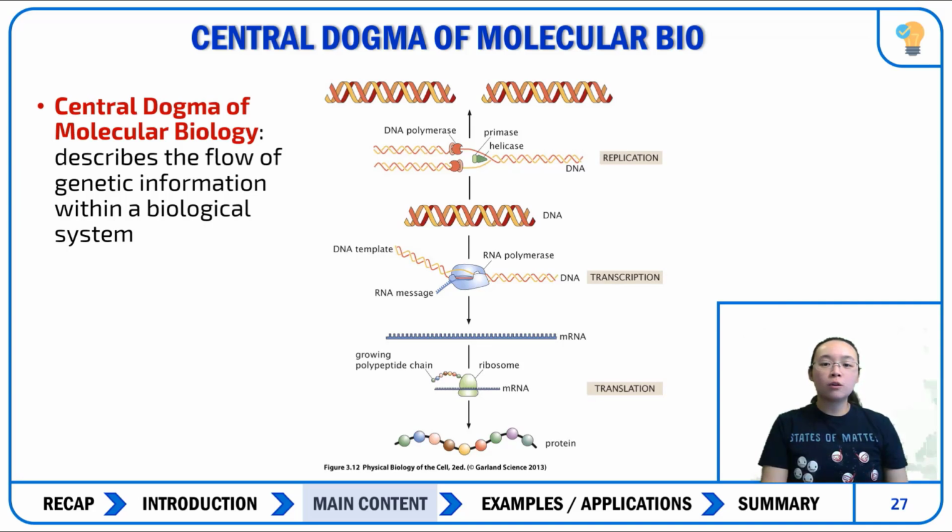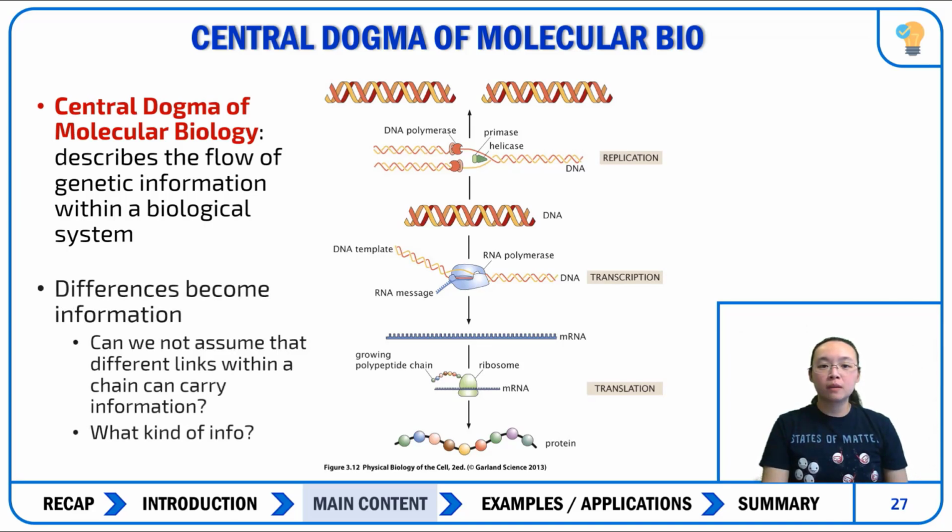But the key thing here isn't the process itself, it's the fact that different arrangements of building blocks can create different pieces of information or different ways of expression. So when we look at a model, we have to look at the building blocks and how they're linked together in a chain, and then we're going to have to see what kind of information they carry in order to see the whole picture.